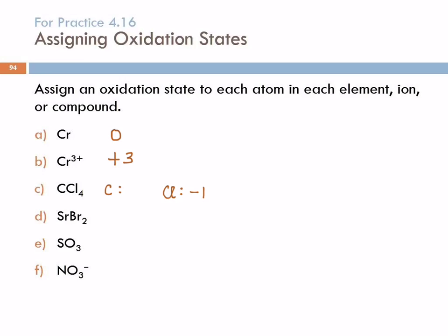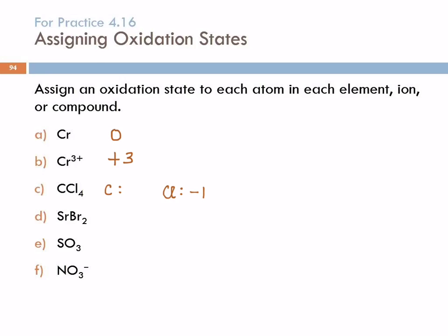Chlorine does not have a 1- charge in this compound. It's not an ionic compound, but the oxidation state is -1. So if the chlorine is -1, we figure out what the carbon is because we know that all the oxidation states for this neutral molecule have to add up to 0.